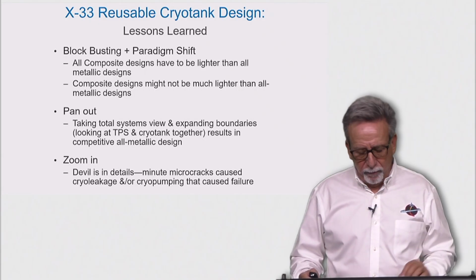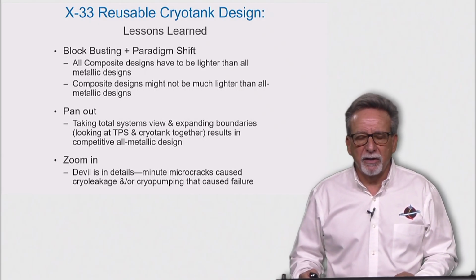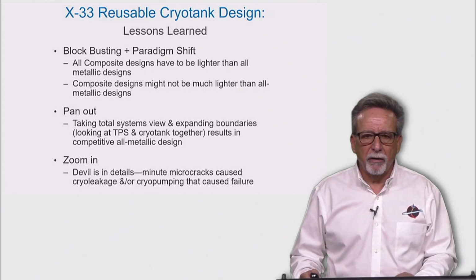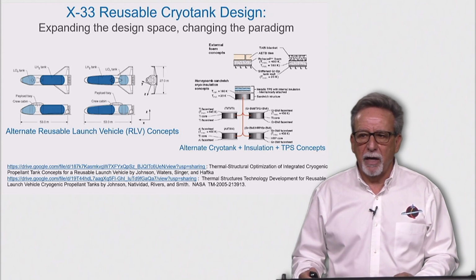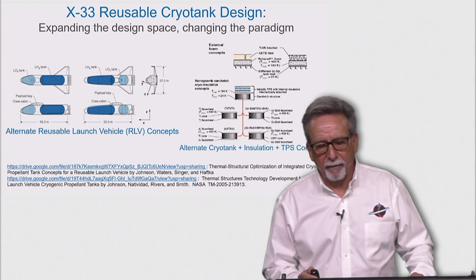So now we're going to talk a little bit about how we expanded this design space to include not only the cryogenic tank, but also the thermal protection system, and how we compared a metallic tank to a composite tank.